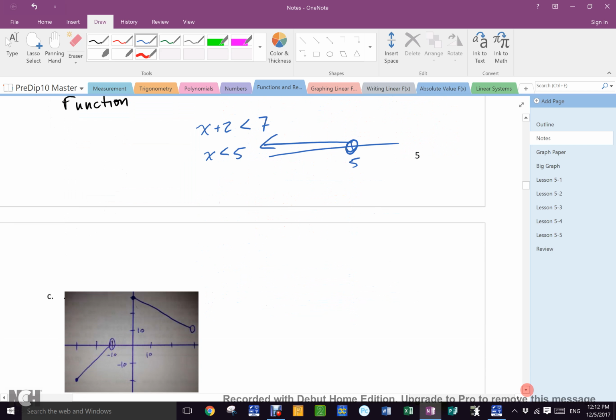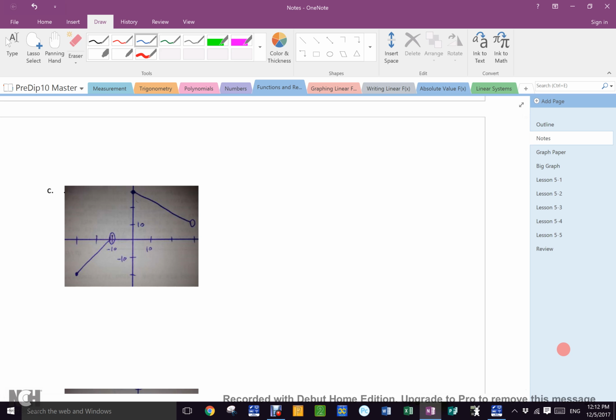So all of you now, knowing what you know, look at C. What's different? There are 2 separate lines. So let's attack what we know first. First of all, is it a function?